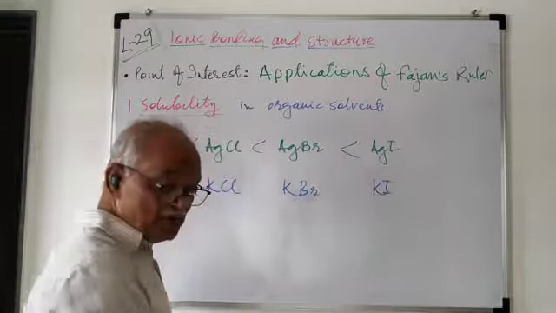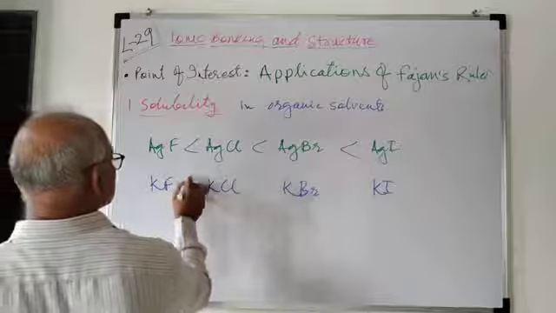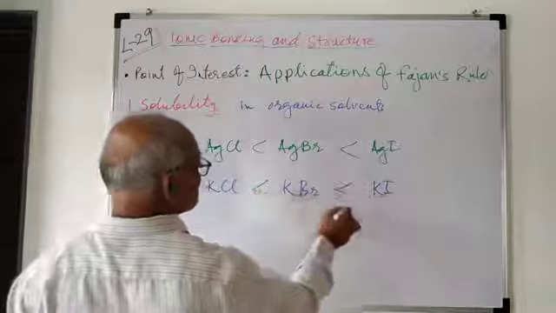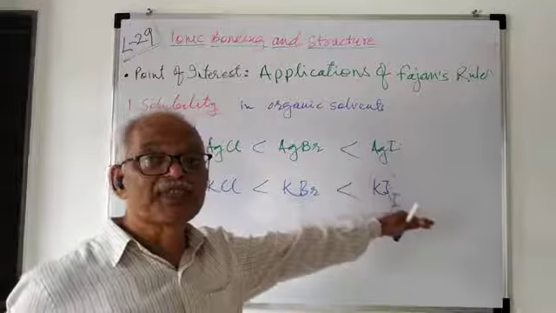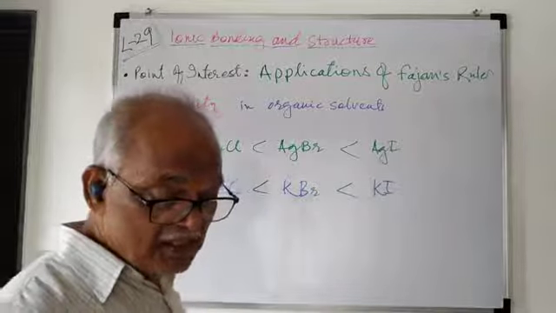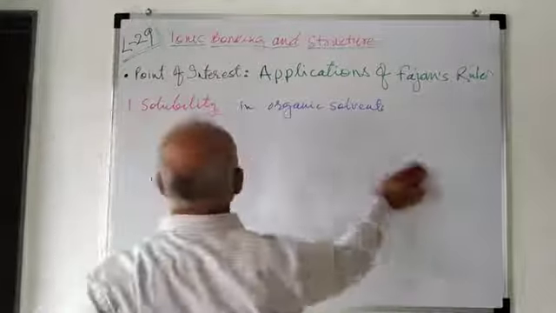Here also you will find the same trend: the solubility in organic solvent increases in this direction. In this way we can have a number of such trends in solubility.